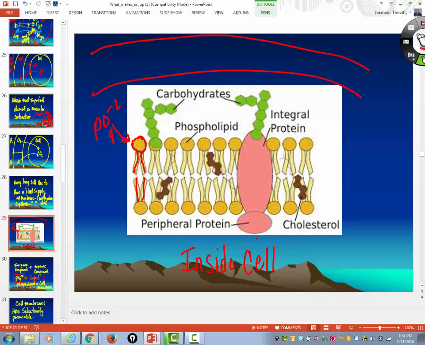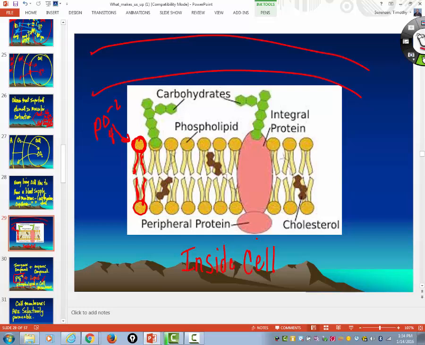So whoever thought this up really had it going on, because in this world, you're either water soluble or fat soluble, right? So you have this water soluble phosphate head connected to a lipid tail, and it faces the outside, the blood. Then you have another phosphate head connected to a lipid tail, and you make a sandwich.